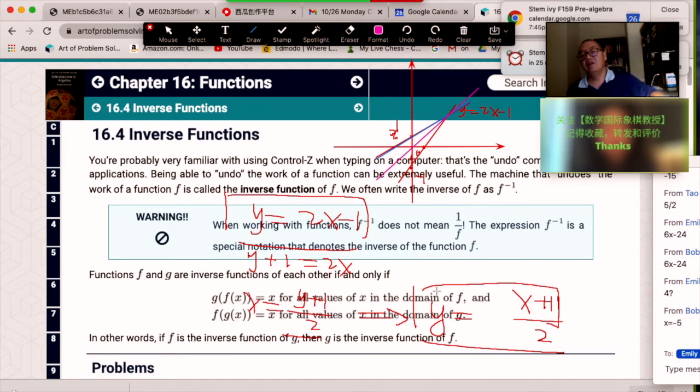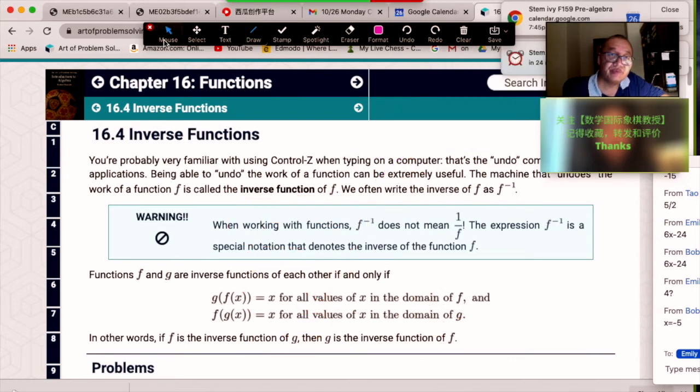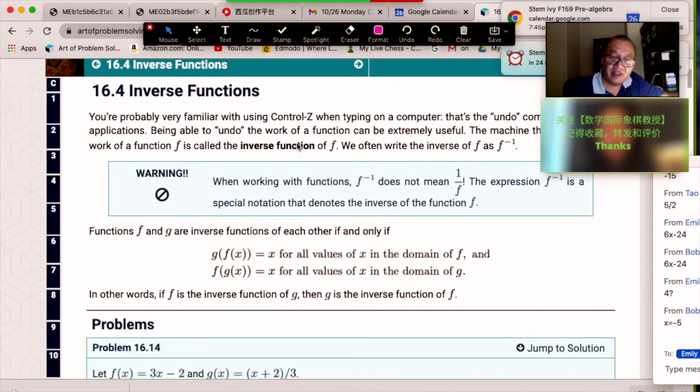You can see the original function is symmetric with the inverse function about the line y equals x. The original function and the inverse function are symmetric about the y equals x line. This is always true. Now let's see here.